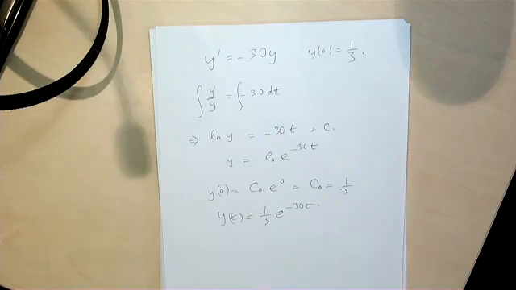Now, why doesn't the explicit Euler method work? We have to look at the formula. So what is the formula for the explicit Euler method?